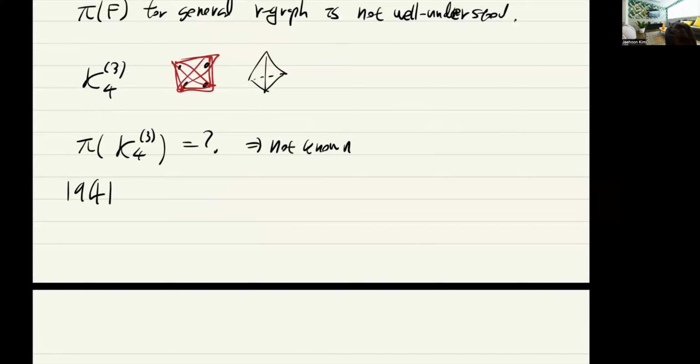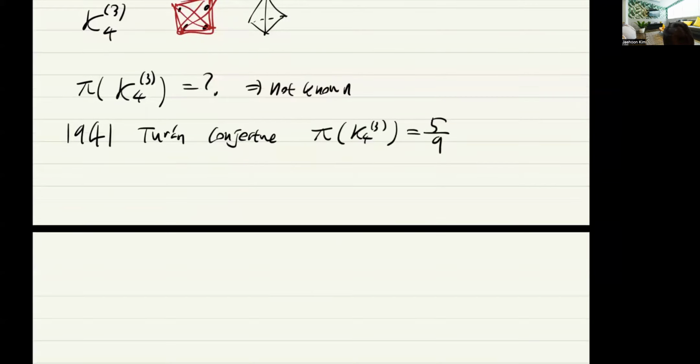In 1941, Turan conjectured that this is 5/9. So why 5/9? You take n vertices and you partition them into 3 parts of size n over 3.